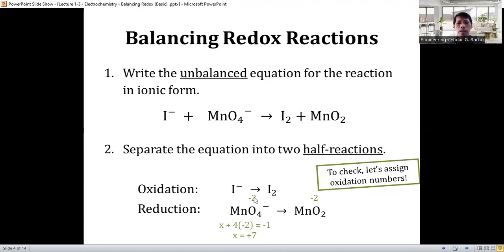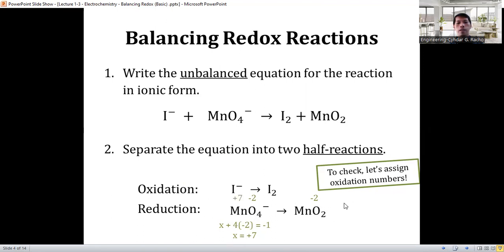Negative 2 times 4 plus x, where we denote x as the oxidation number of your manganese. The total charge of this must be equal to negative 1. So solving for x, you have positive 7.